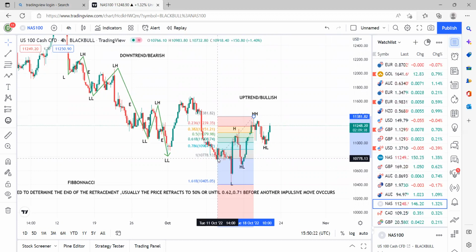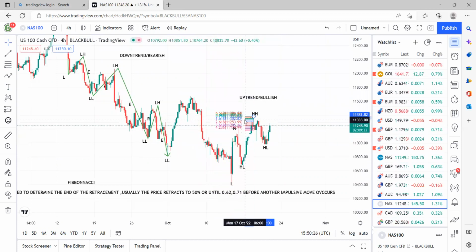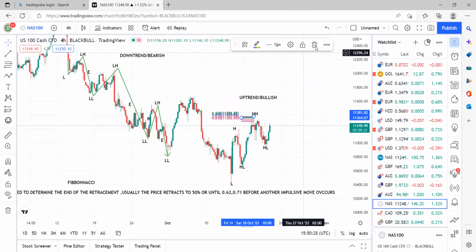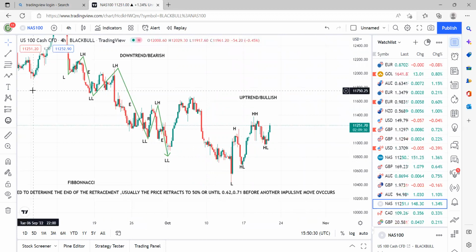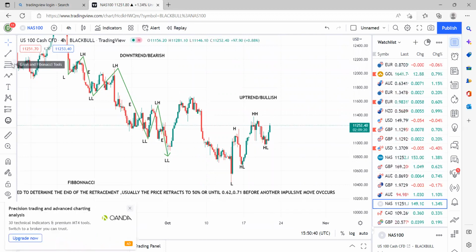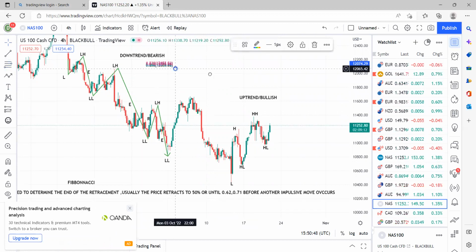Leave it like that. Go to settings. Settings for that Fibonacci. Leave it like that, and then go to settings. Here's Fibonacci.